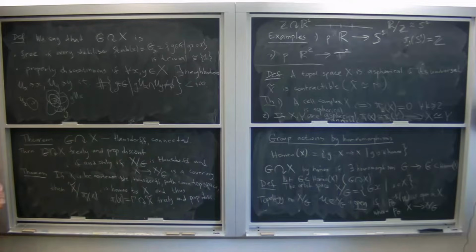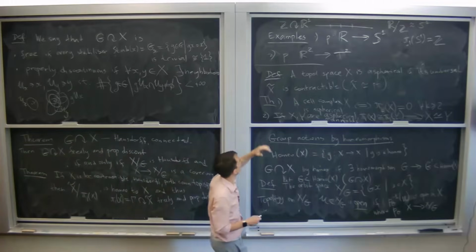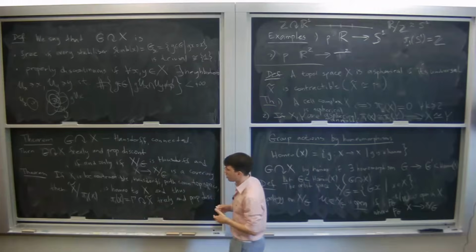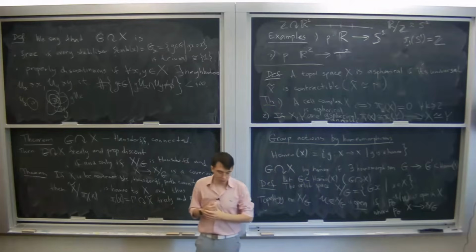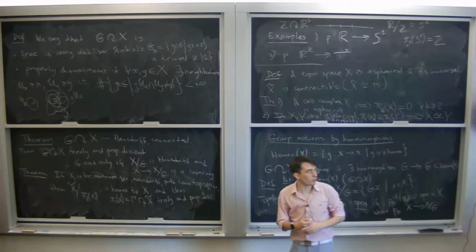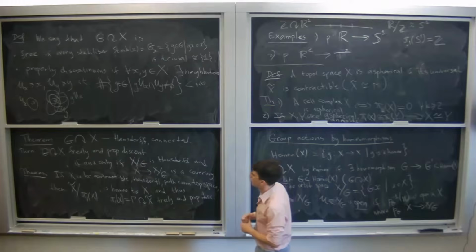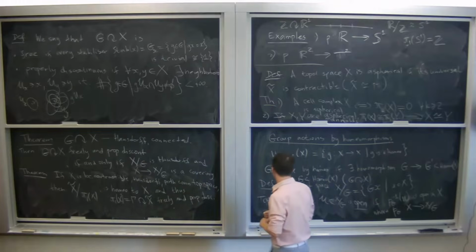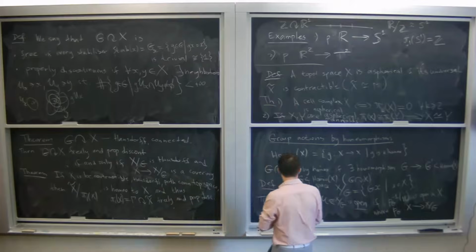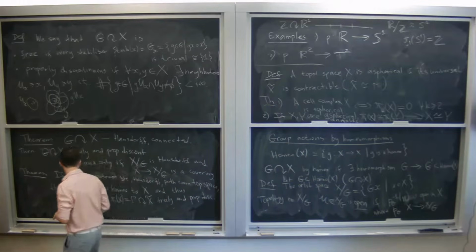You can check that the group of integer translations on the Euclidean plane or in Euclidean space acts freely and properly discontinuously, and in fact by isometries.